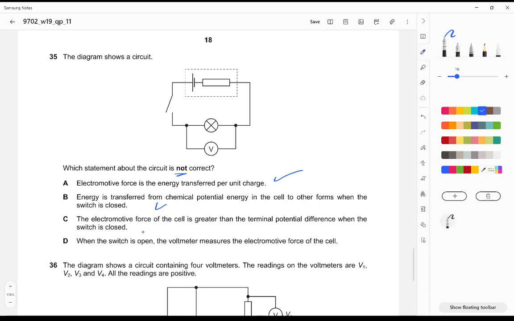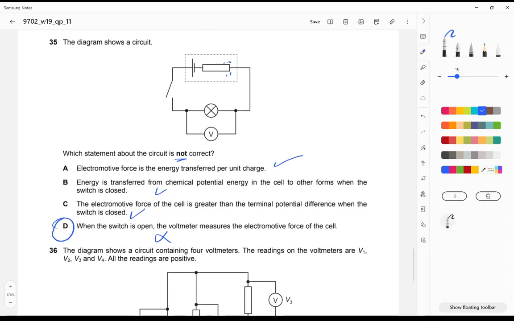That is also true because we happen to have internal resistance over here, signified by this resistance. So when the switch is open, the voltmeter measures the electromotive force of the cell. It does not measure anything. So D is definitely not correct.